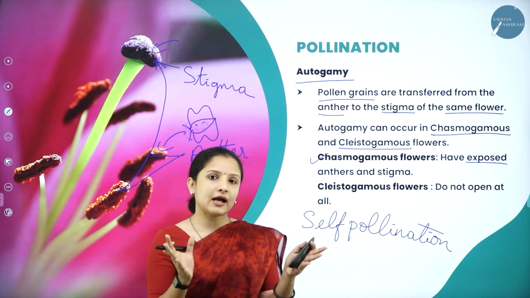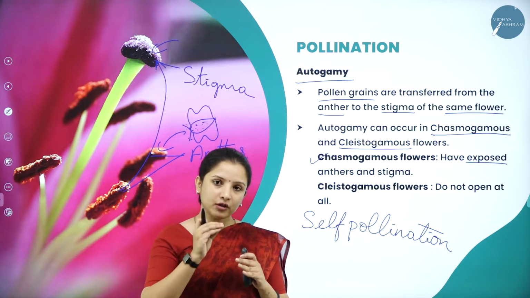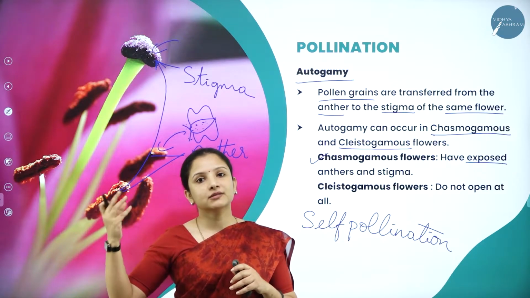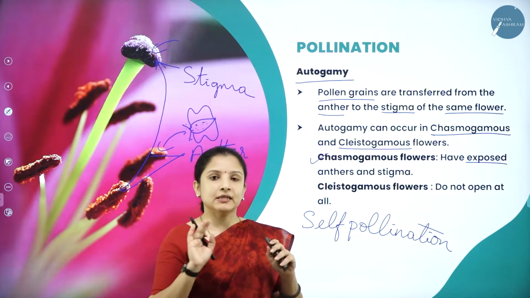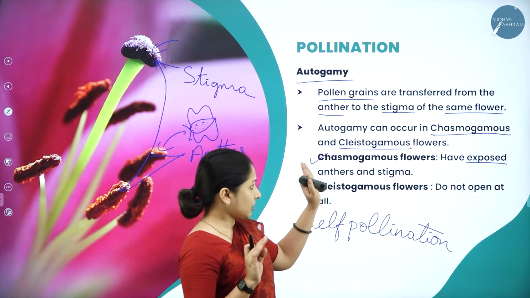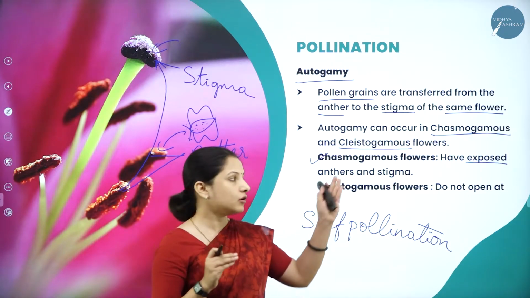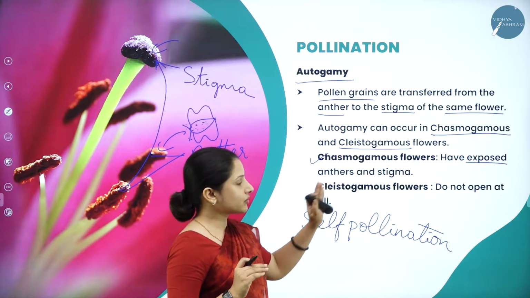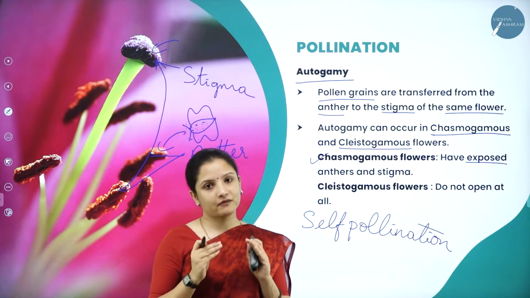Because since the anthers and the stigma are exposed, instead of the pollen grains falling on the stigma of the same flower, they can go and fall on the stigma of another flower of the same plant species. That is why I told you xenogamy and Geitonogamy can also occur in the chasmogamous flower. But in cleistogamous flower, only autogamy or self-pollination will occur.